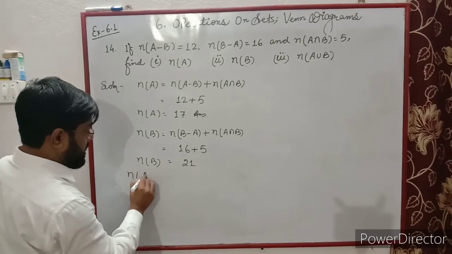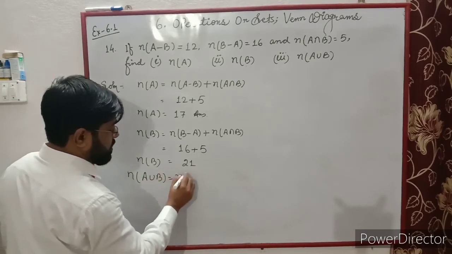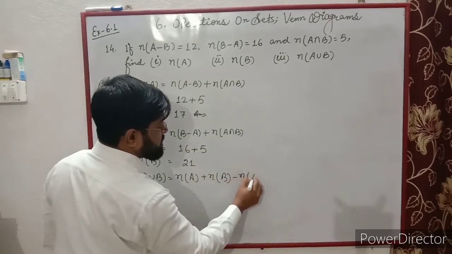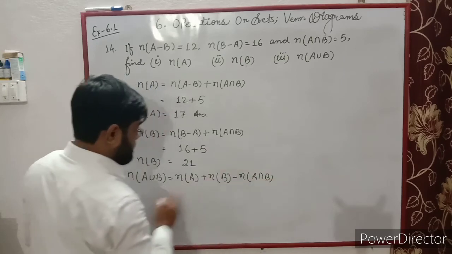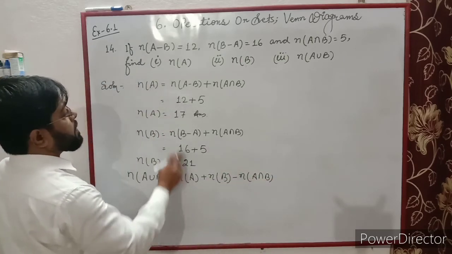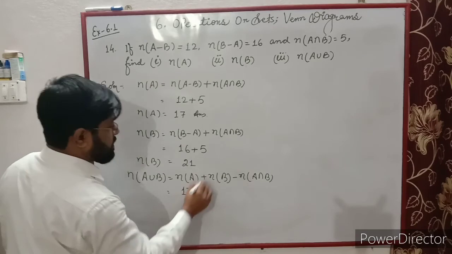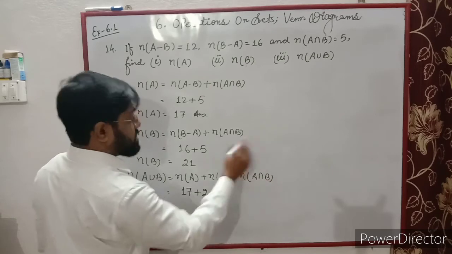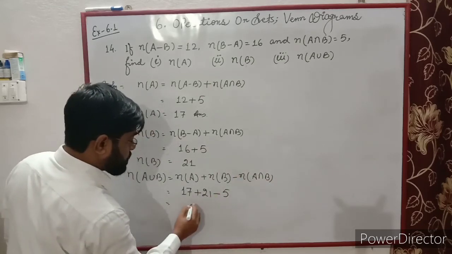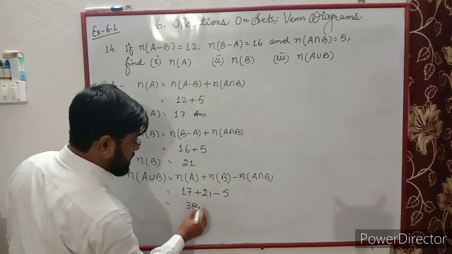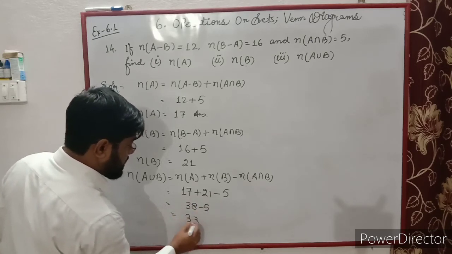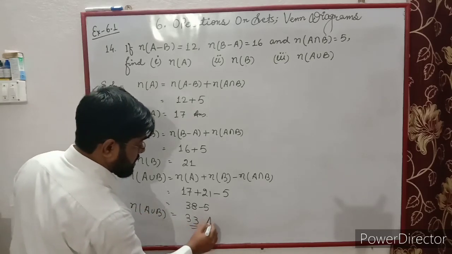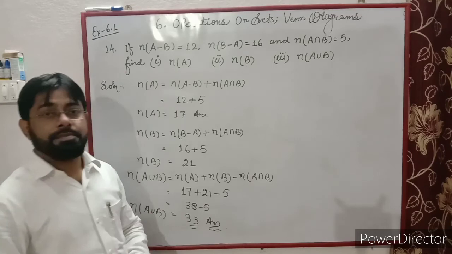So n(A union B) is equal to n(A) plus n(B) minus n(A intersection B). So n(A) is 17 plus n(B) 21 minus n(A intersection B) is 5. Now 38 minus 5, so we have 33. So n(A union B) is equal to 33. That is the third answer. Thank you.